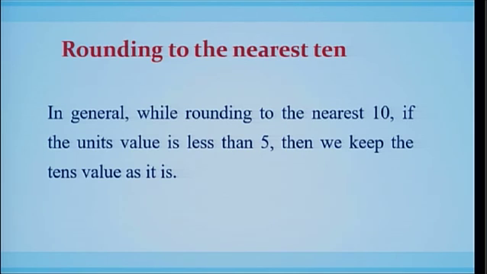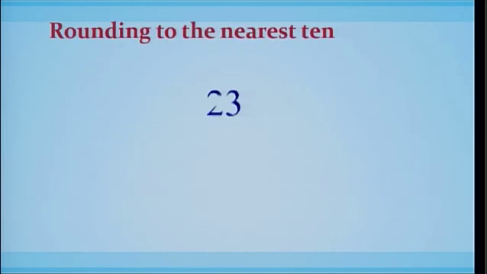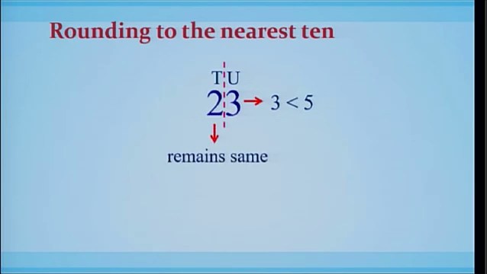If the unit value is less than 5, then we keep the tens value as it is. For example, 23. Which one is the unit value and the 10 value? Here they are. 3 is called the unit value and 2 is called the 10 value. Since the unit value is less than 5, you're going to keep the 10 value as it is. So 23 is equal to 20 to the nearest 10.